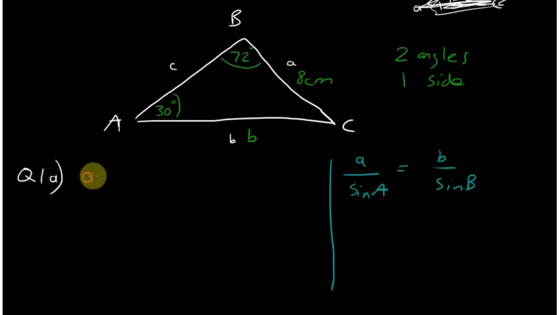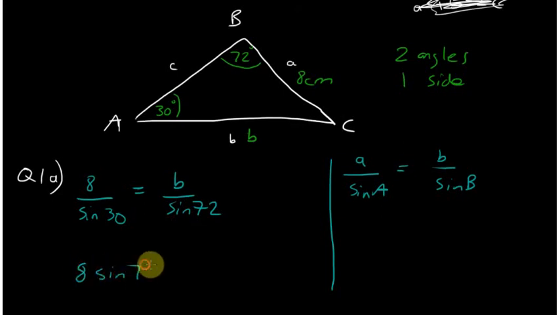So we've got a over sine A. Whoops, my mistake. Alright, and that equals b, which we want to find, over sine B, which is 72. Let's take the sine 72 across, and you end up with 8 sine 72 over sine 30, and that's going to equal b.